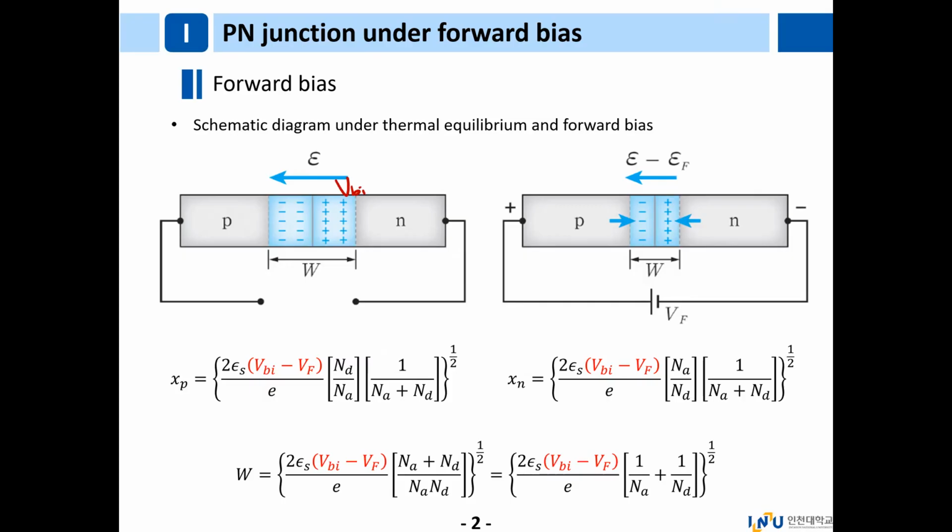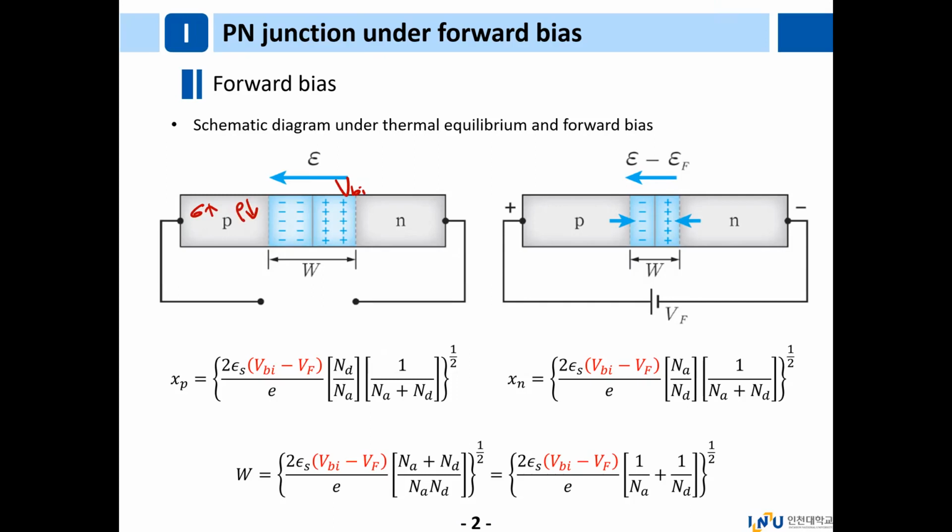When a forward bias is applied to the p-n junction, where will this voltage mainly be applied? As before, the neutral region outside the depletion layer has a high carrier concentration, resulting in very high conductivity, and conversely, a very low resistivity.